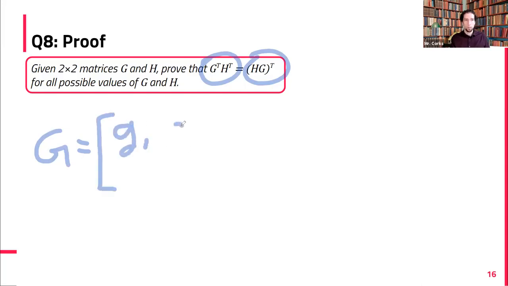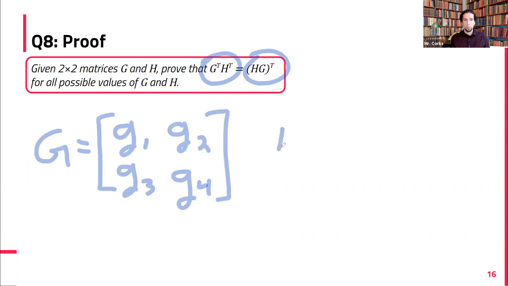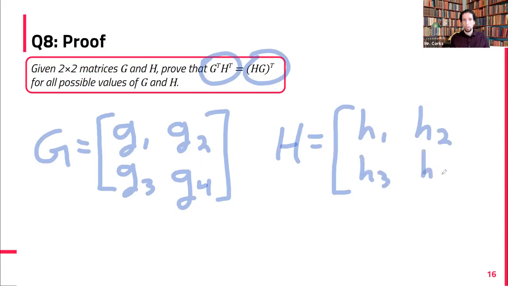So let's say G1, G2, G3, G4. And then we do the same thing for H. Make up another one, H1, H2, H3, H4. And then just calculate each of these results. So G transpose, then H transpose, then multiply the two of them together. What do we get? We get this big result.